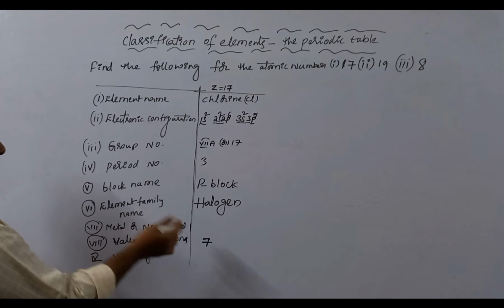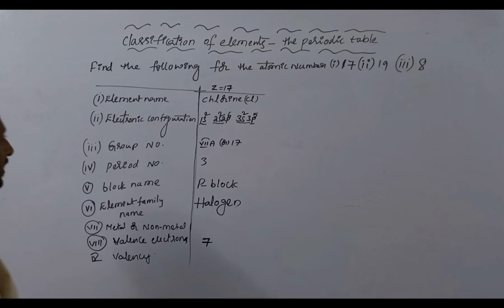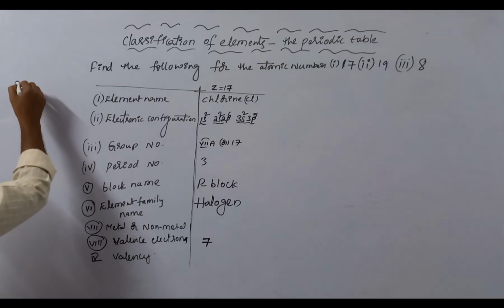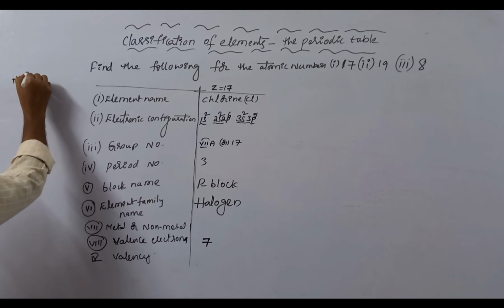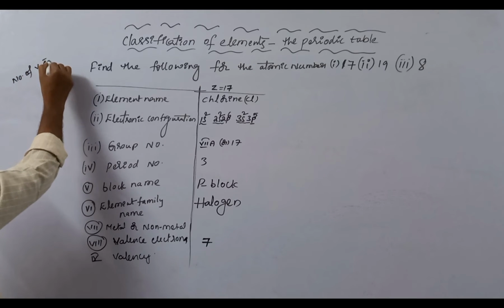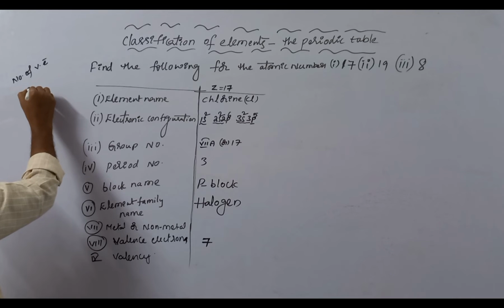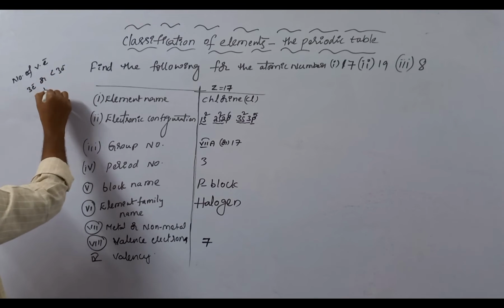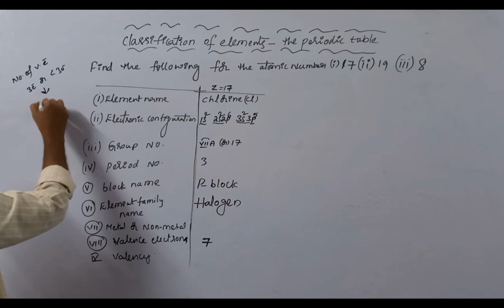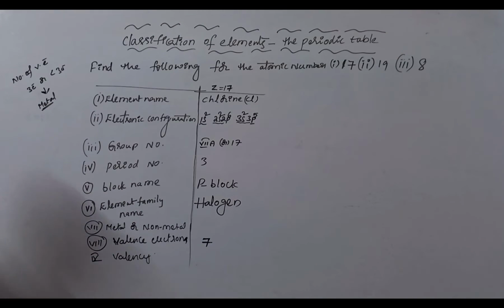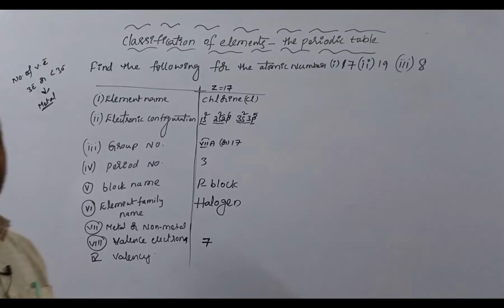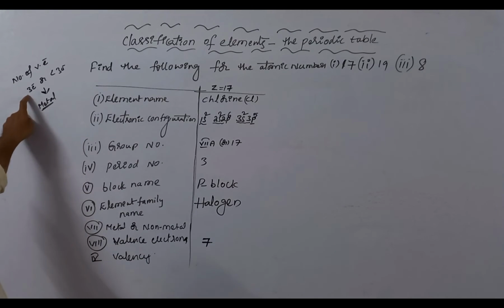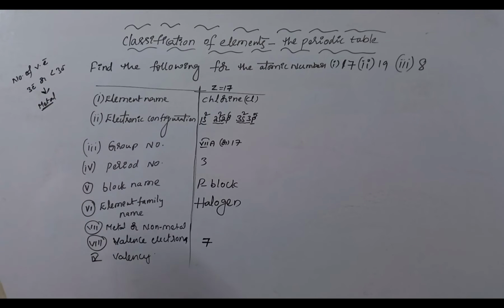Next, metal or non-metal. When the number of valence electrons is 3 or less than 3, the atom of that element can be identified as a metal.